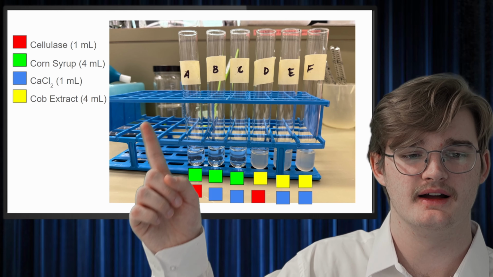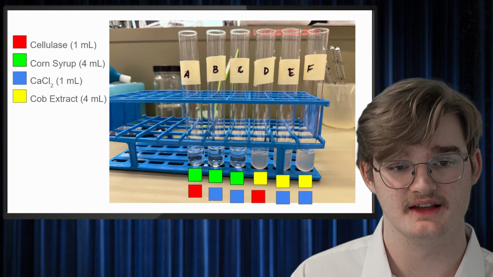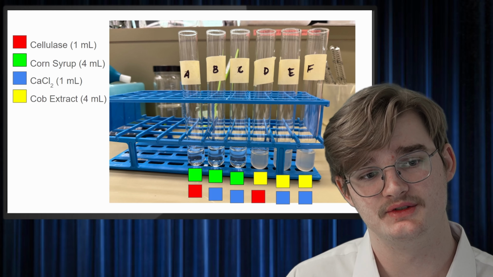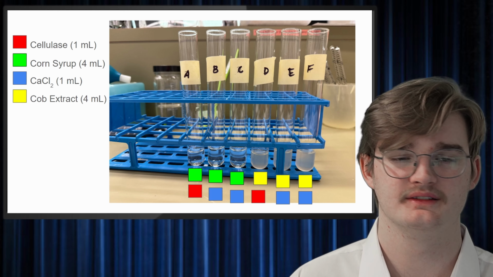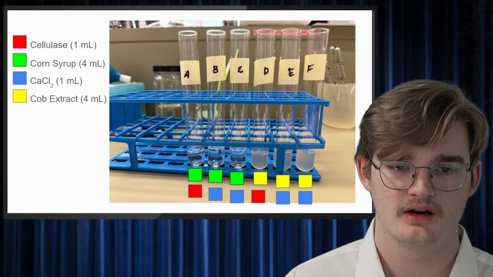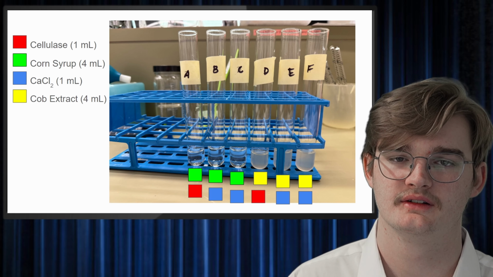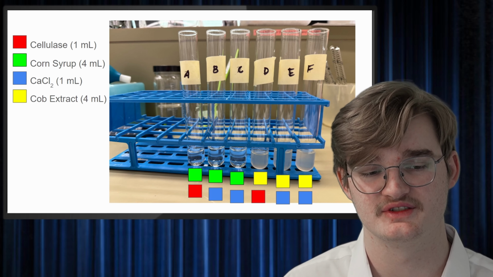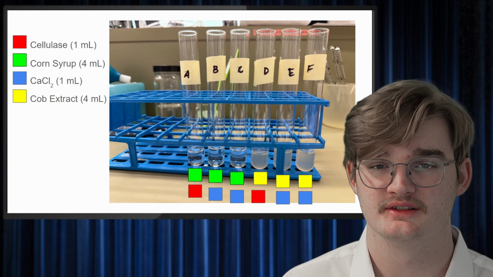Now, A and D both have our enzyme cellulase in it to test our hypothesis, and C and F, B, and E all have calcium chloride, just as a buffer to keep the concentration of our substrates the same.